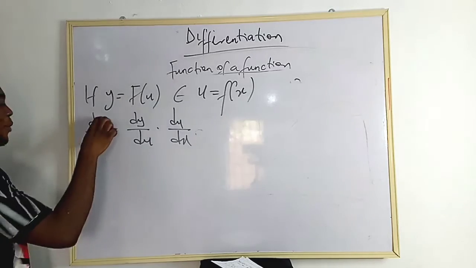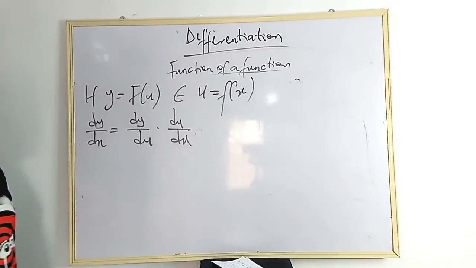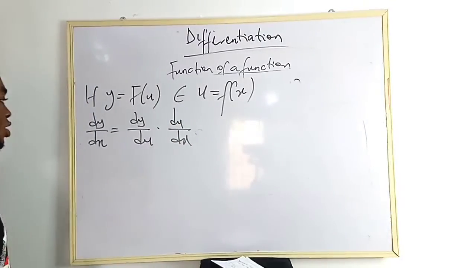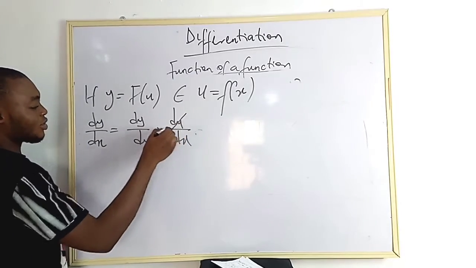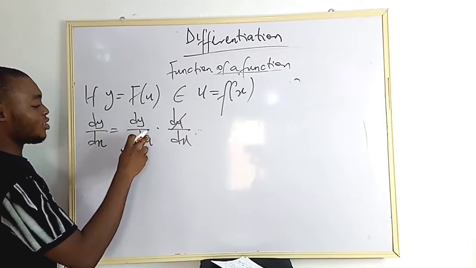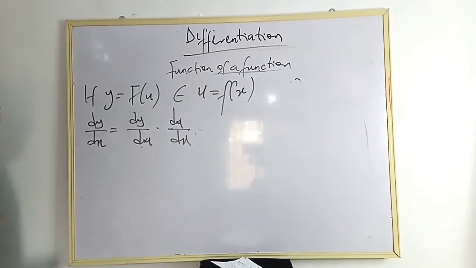First you differentiate y with respect to u, then you differentiate u with respect to x, then you multiply both together. Hypothetically, you can cancel this out and you have dy/dx back.